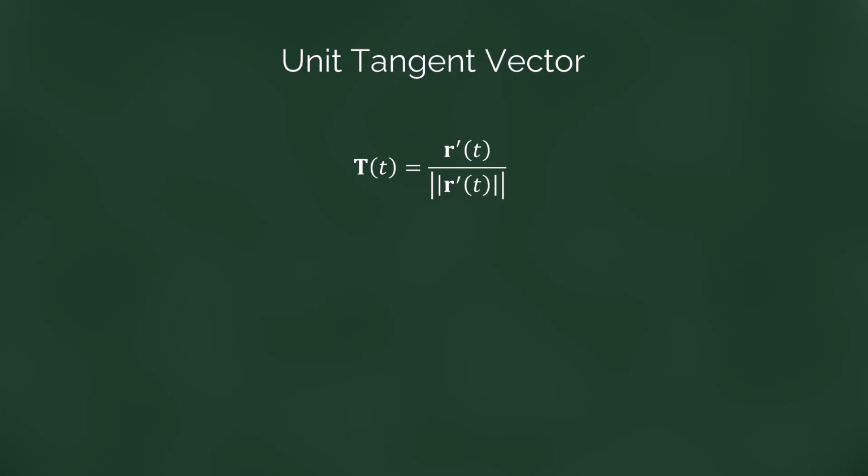If instead of r of t, we define our curve as r of s, where s is the parameter for arc length, then we know that the magnitude of r prime of s must be 1. So if we have a curve that's been parameterized in terms of its arc length, its unit tangent vector is just the same thing as its derivative vector.